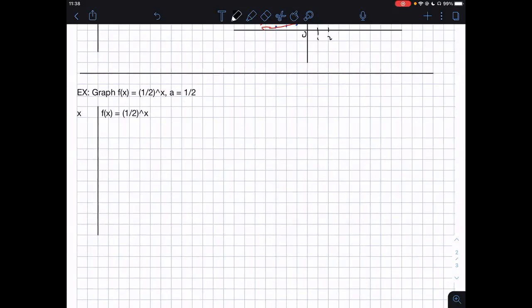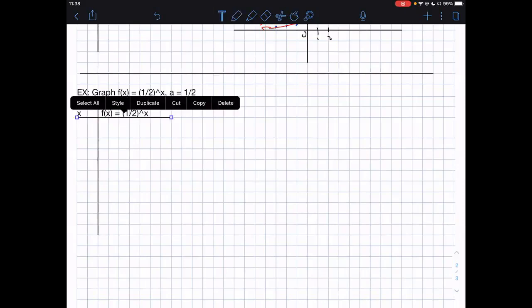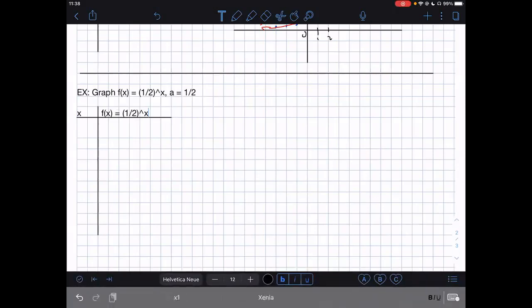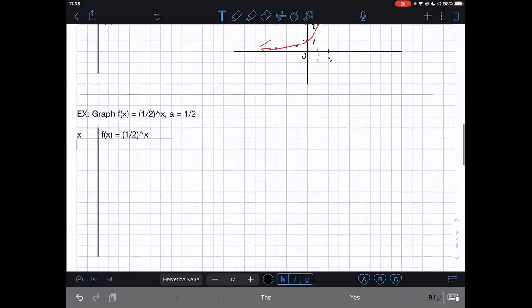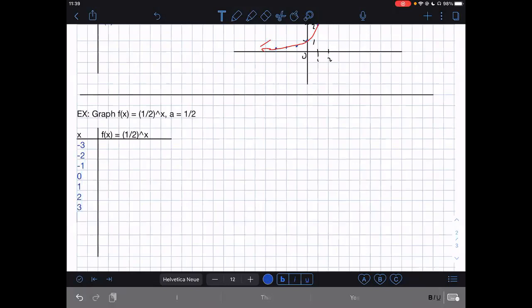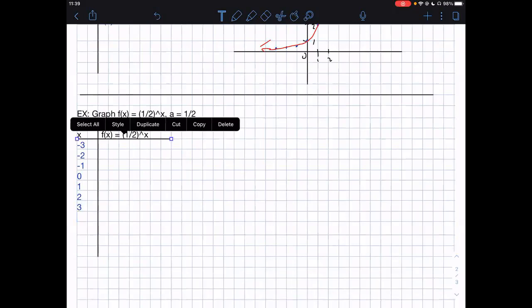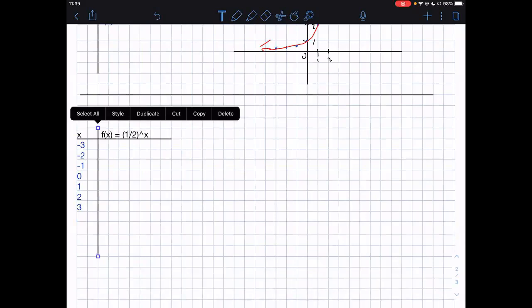Okay. All right, and just like we did before, let's use 7 values here. Let's use the exact same values that we used for the previous table. So this is -3, -2, -1, 0, 1, 2, and 3.